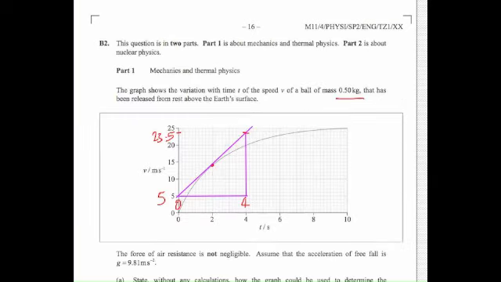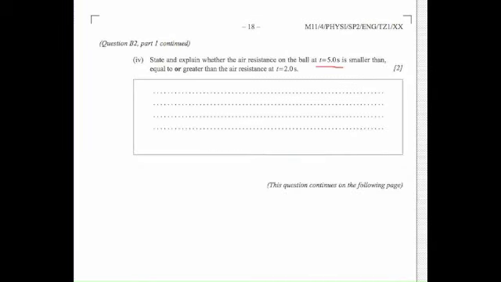Now, we need to think about how the air resistance at 5 seconds compares to the air resistance at 2 seconds. We're going back to the graph. We can see at 5 seconds what's happened. The gradient has decreased, so the acceleration must have decreased. For the acceleration to decrease, well, the air resistance must be greater, and that makes sense because the ball will be falling faster here, and at a higher speed it's going to experience more drag.